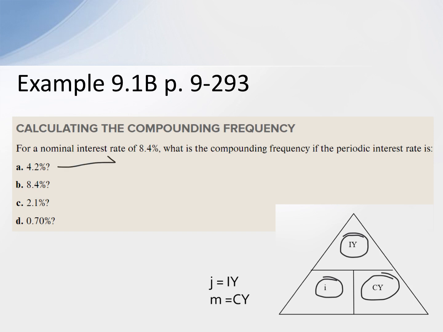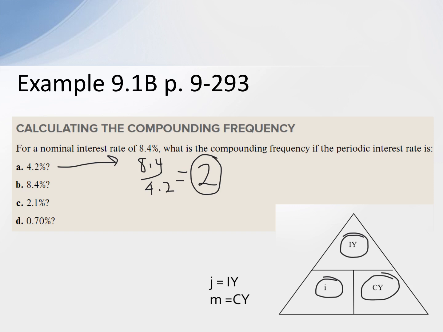So here it would be 8.4 divided by 4.2, and that would give you a value of 2. So that means 2 times a year, or semi-annual. In B, you have 8.4% as your nominal interest, and as your periodic interest.